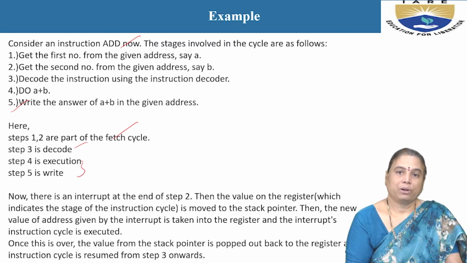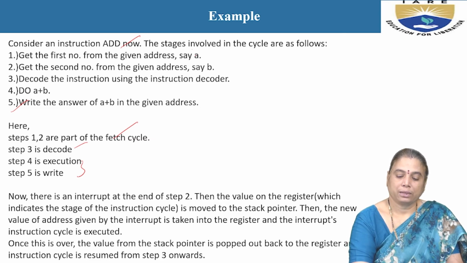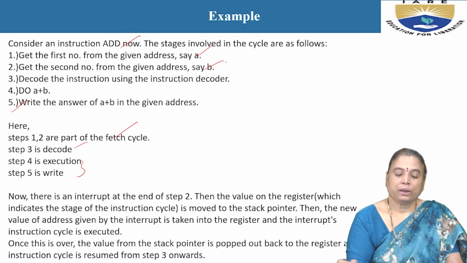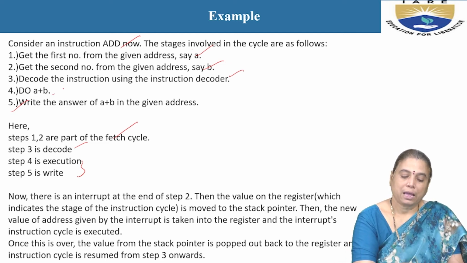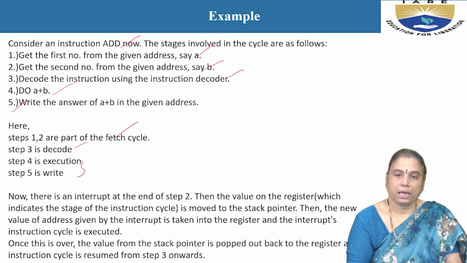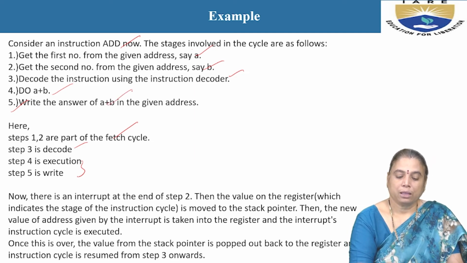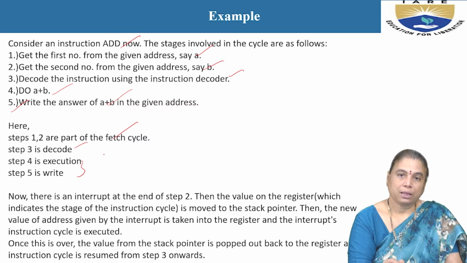So in order to perform the add micro operation, get the first number from the given address A and get the second number from the given address B, decode the instruction using the instruction decoder, and perform the actual processing A plus B and store the resultant value. So here steps 1 and 2 are part of the fetch cycle, 3 is the decode cycle, 4 and 5 are the execution. Now there is an interrupt at the end of step 2.